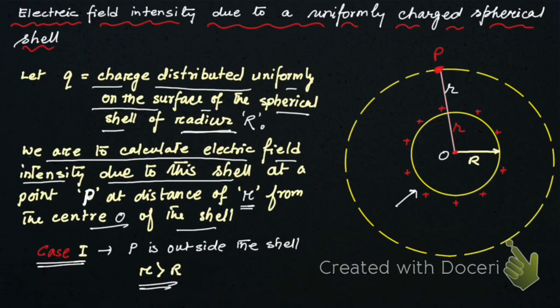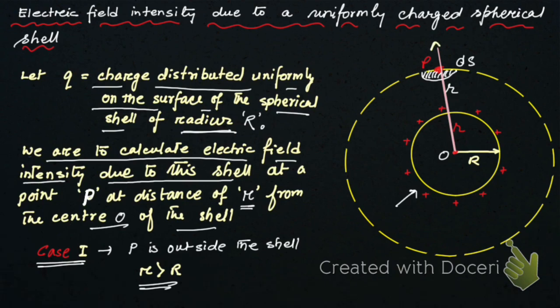Now let us consider a very small surface element, suppose its area is dS. Let me write the P here. This is P. The direction of the electric field will be along the distance r, outward.